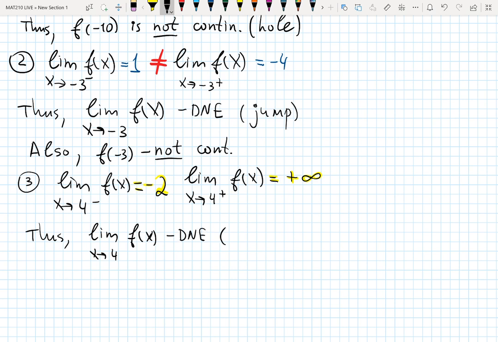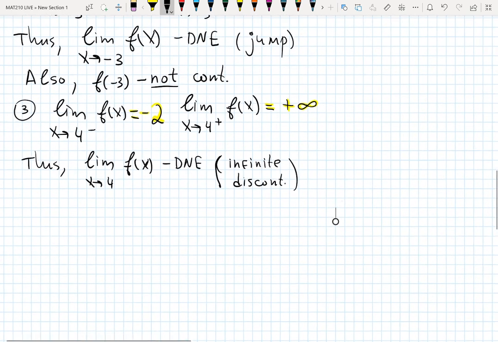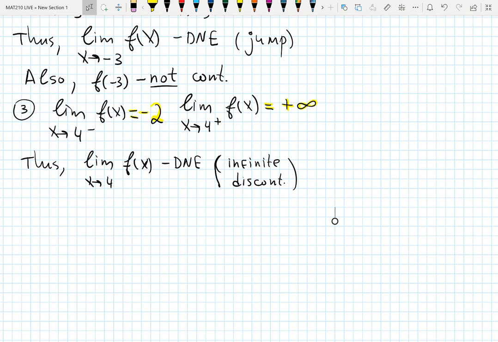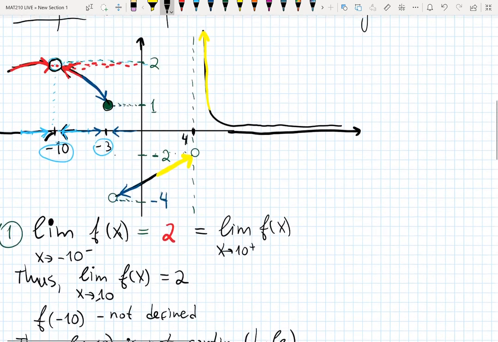And in this case, because one of the side limits is infinite, we can say that this is an infinite discontinuity. Jumps and infinite discontinuities cannot be fixed, so they are called non-removable discontinuities. Also, the first part of the definition of a continuous function failed, so you can say that f of 4 is not continuous.